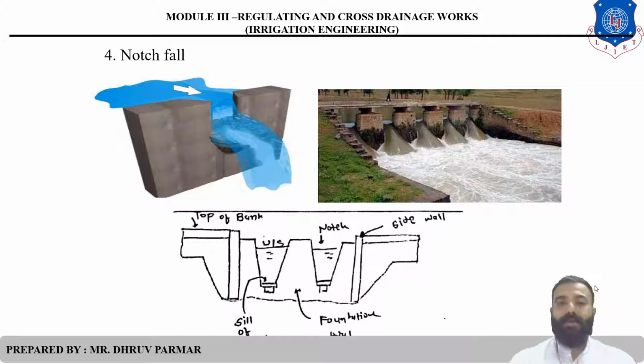The diagram usually shows trapezoidal notches provided in the direction of flow. By this, the area is reduced, so the velocity and the energy of flow are obviously reduced. So this is a notch fall.